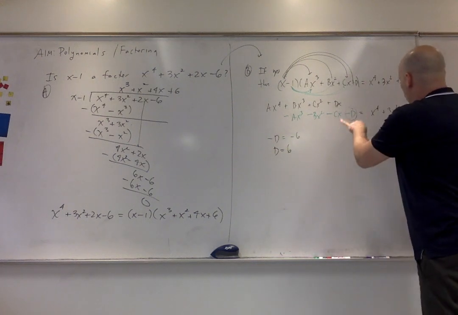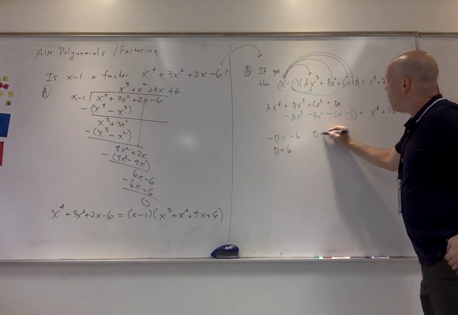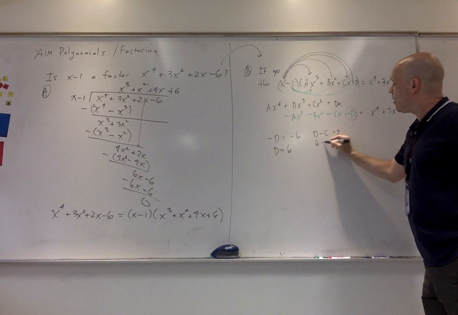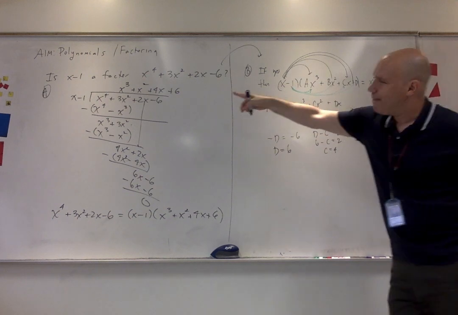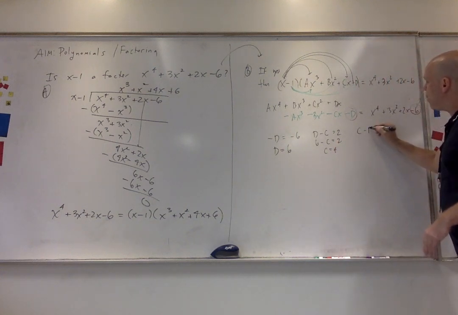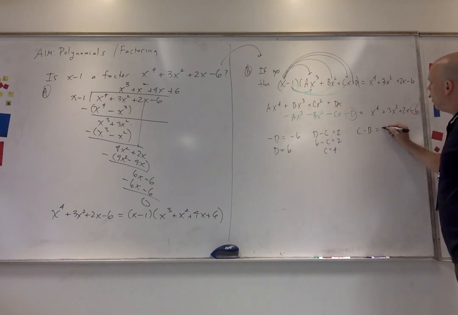Nice. What's going on with the x coefficients? Well, that means that d minus c equals 2. Well, we know that d is 6. 6 minus c is 2. c is 4. Nice. Let's keep going. c minus b, the x squared coefficients correspond with the 3.